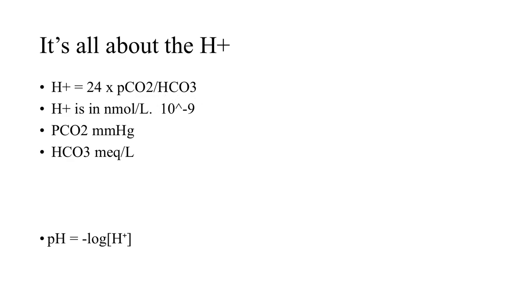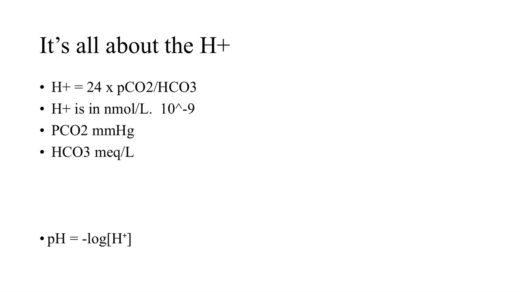Keep an eye out for the 10 to the power of minus 9 because that 9 becomes important in our math. And in this formula, your PCO2 is in millimeters of mercury and bicarbonate is in milliequivalents per liter. These are the commonly used units in the US. So this formula is very easy to remember in the US.